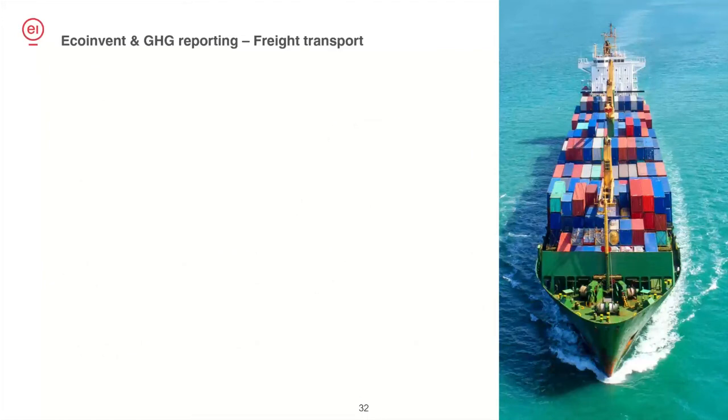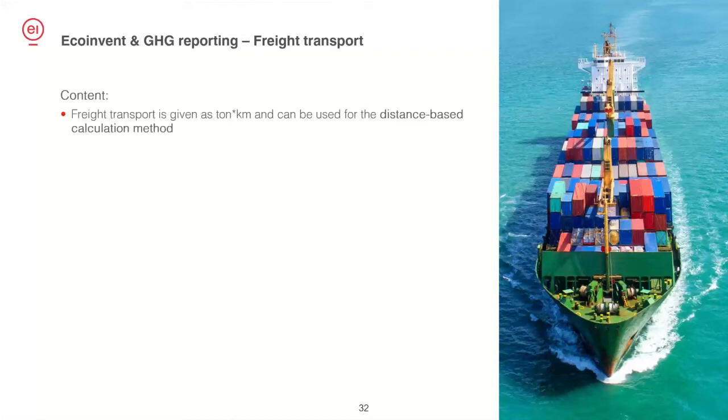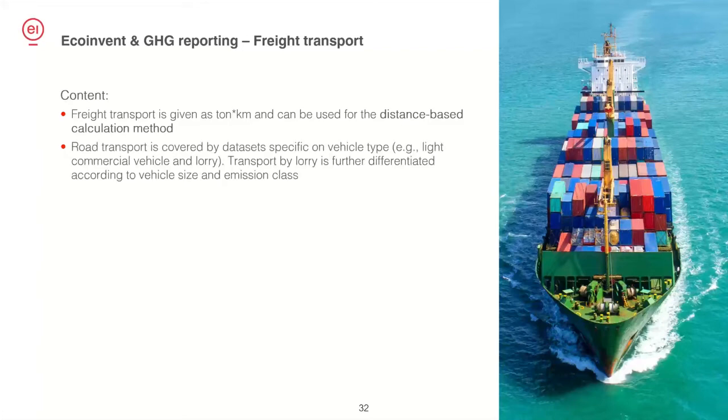Now I would like to continue with the next category of Scope 3 reporting, and I would like to give you an overview of what type of data is available in regards to freight transport. So in the ecoinvent database, freight transport is given as ton kilometers and can be used for the distance-based calculation method.